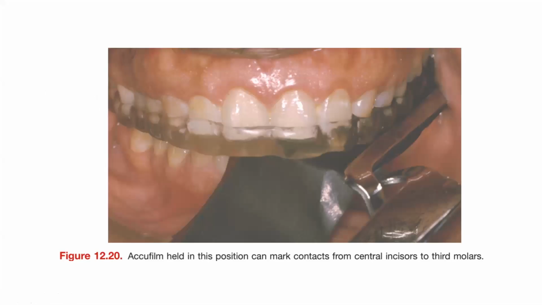For the trimming of the occlusal splint, the articulating film can be used in the anterior-posterior direction, and the bite mark can be taken with this articulating paper.